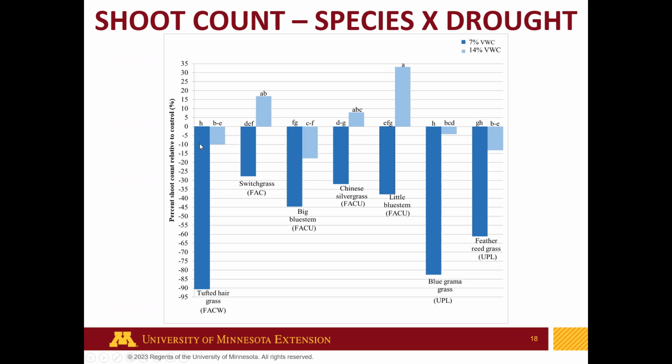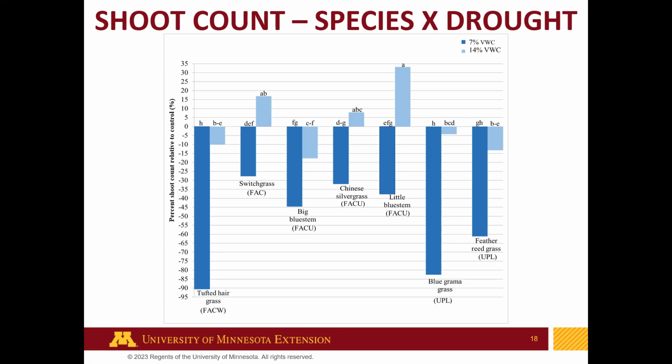And if you look along the y-axis here, this is expressed relative to the control. So anything that is above 0 would be greater than the control, and anything less than 0 would be less than the control.